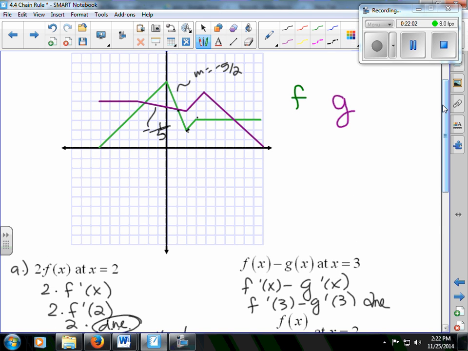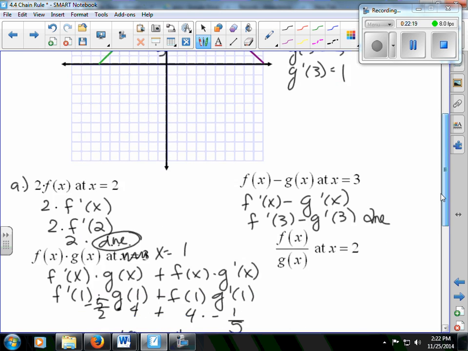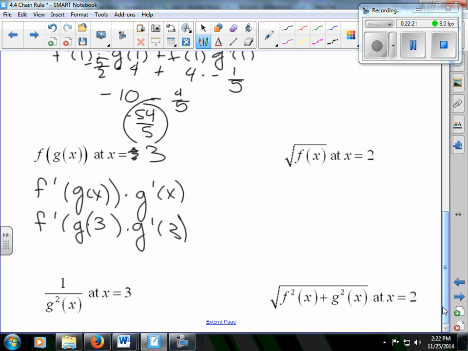G of 3 would be the purple graph at 3, so it looks like the y value there is 1, 2, 3, 4, 5. G of 3 equals 5. And what's the slope at 3? Up 1 over 1. So the slope is 1. So G of 3 is 5 and G prime of 3 is 1.